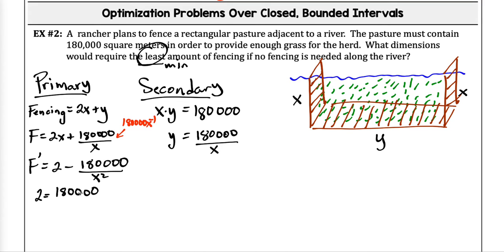Why I keep getting screwed up on how many zeros I'm writing. And we could solve it this way, and we'd get 2x squared, by multiplying both sides by x squared, equals 180,000. Divide by 2, x squared would equal 90,000, which I'm assuming when you take the square root is 300. Okay? Technically plus and minus 300.